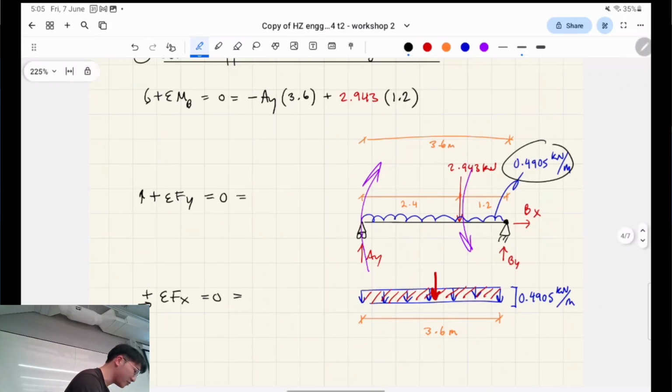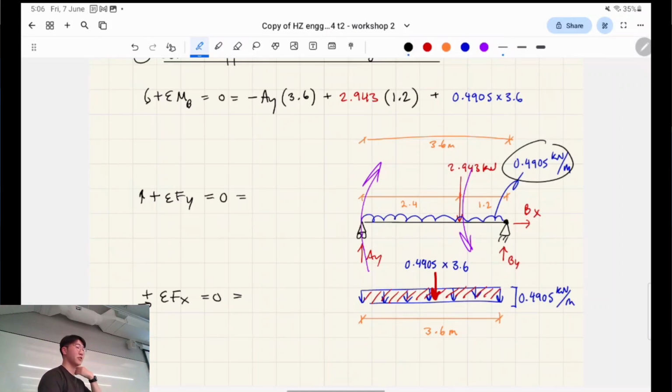So that would be, I'm doing blue. The magnitude of that is just, sorry, I've made it very messy. Okay, the magnitude will be that, and it'll be in the middle.